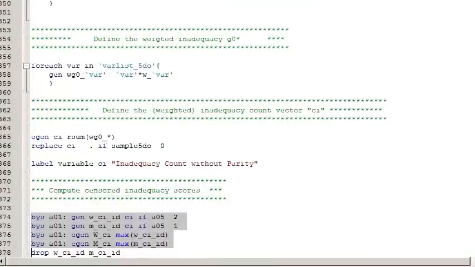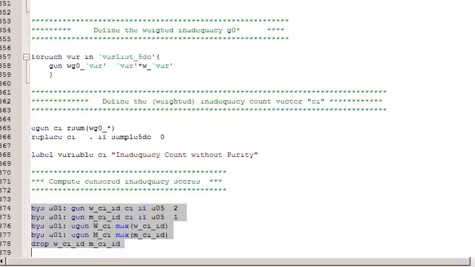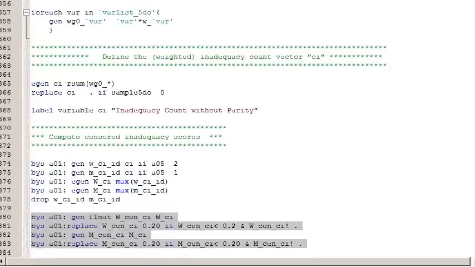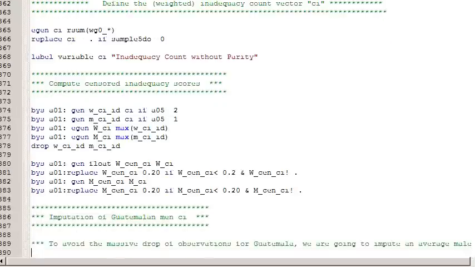Then we create the variables that give me the inadequacy count of the primary male and primary female in the household. Then we censor those inadequacy counts at 0.2. So for instance, we replace the primary woman's inadequacy count in the household by 0.2 if her inadequacy count is below 0.2. The same for men.